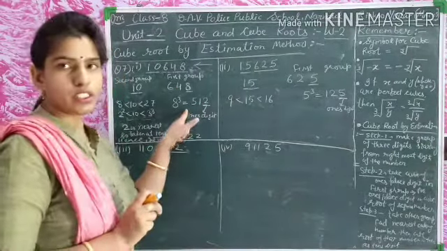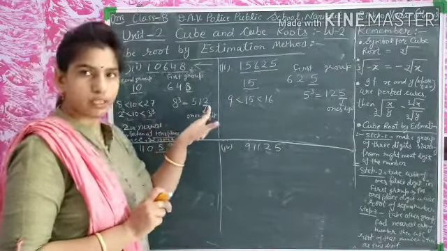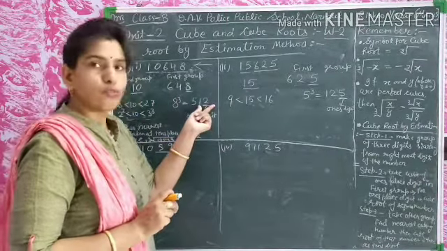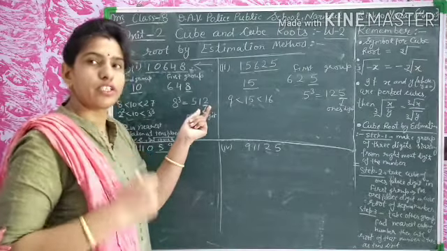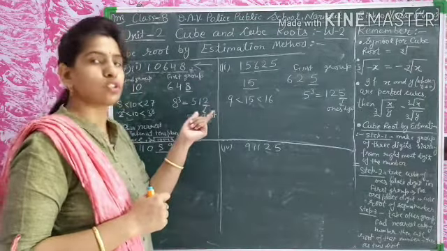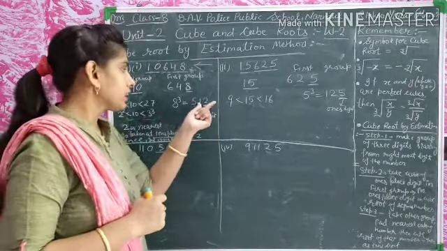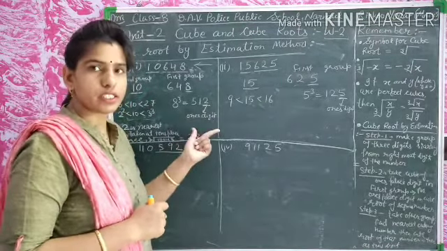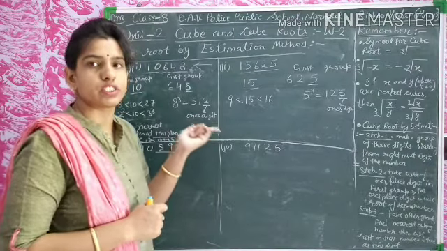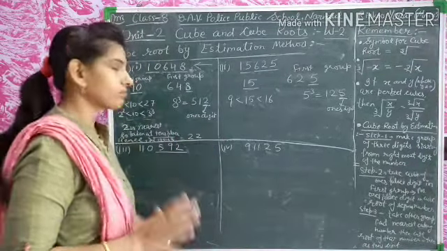We get a number whose ones place digit is the ones place digit of the required cube root. This is in the answer also. Is it clear students?